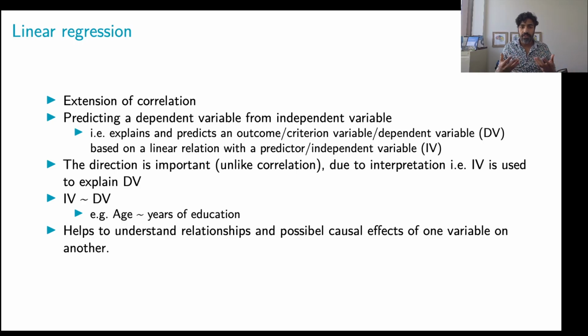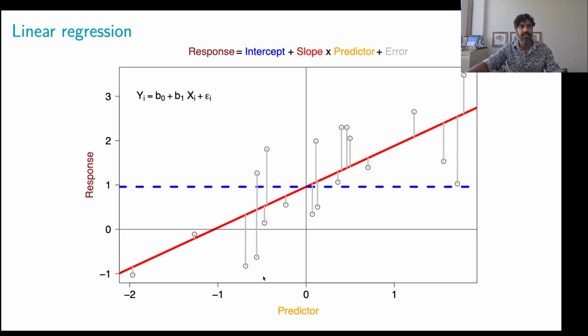But it is susceptible to reverse causation, and this is where the theory comes into play, where you have to get a sense of whether there is a strong rationale for the direction going from this way to that. And if so, how can you test and embed that within it? This is why direction is important in linear regression analyses.